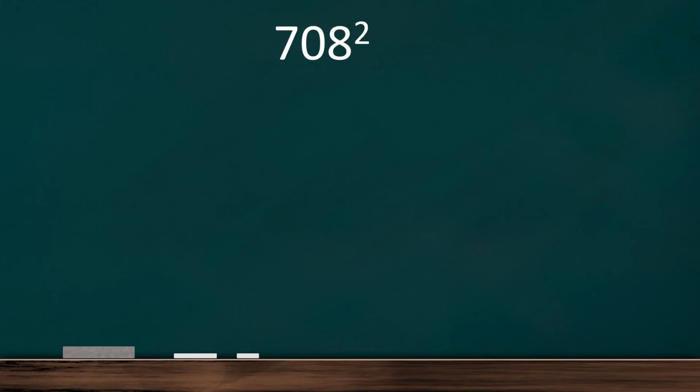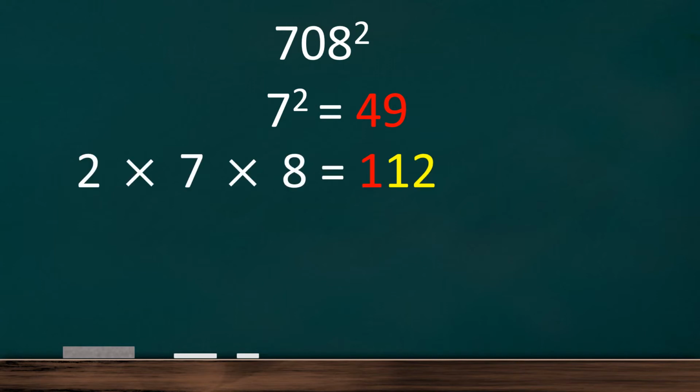Finally, to calculate 708 squared. First, 7 squared is 49. Second, 2 times 7 times 8 is 112. Third, 8 squared is 64. We need to pay special attention here. We know 112 is greater than 99. And as we said before, each calculation can only take up 2 digits of the final result.